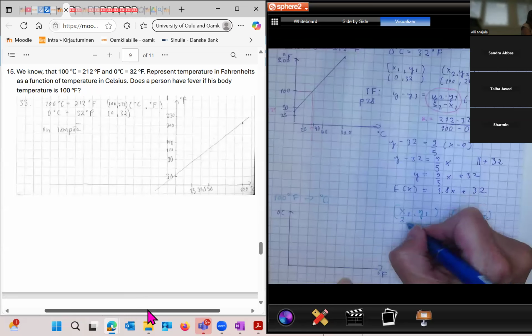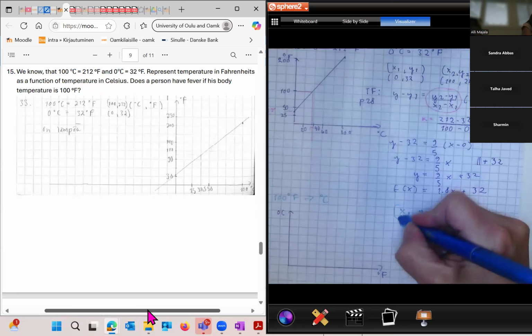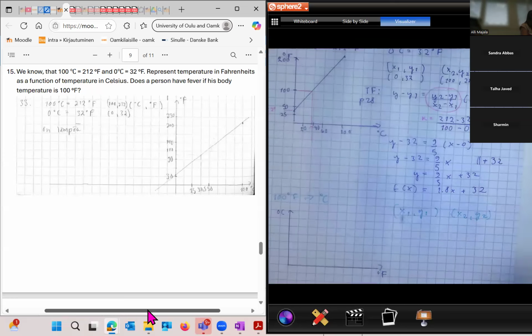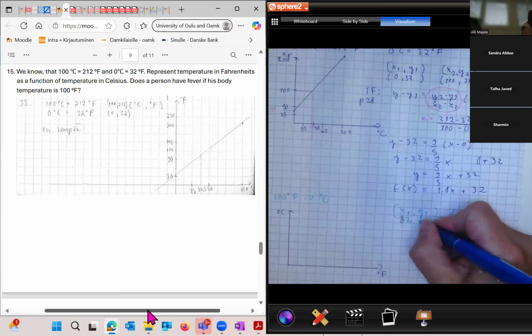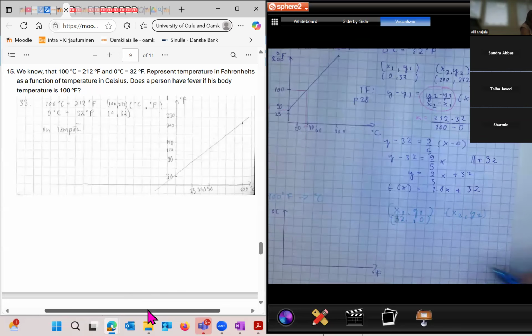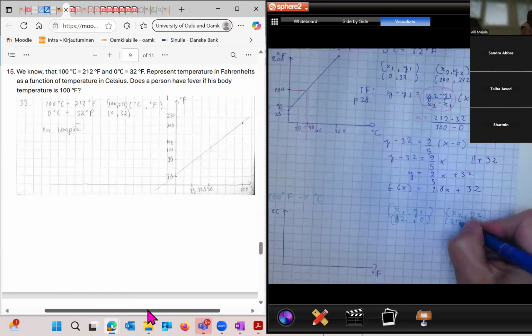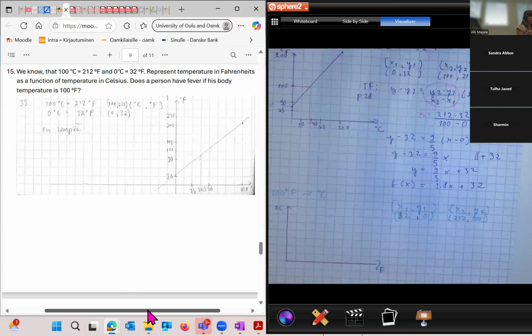This would be 1 point. So the first point here, this would be 32, and this would be 0. 32 and 0, and the other one 212 and 100. Okay, and now I could draw it, or then I can just start calculating the equation from there, just like I did before.